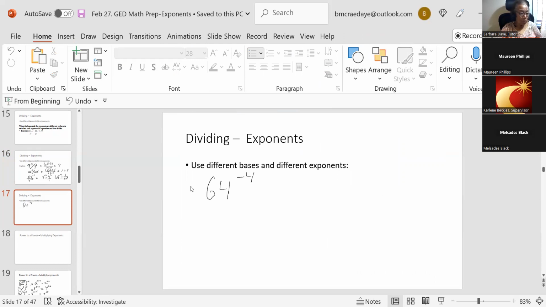That's 4 to the minus 2 divided by 4 to the minus 2. Now the first one comes up. Now I'm using scientific notation.